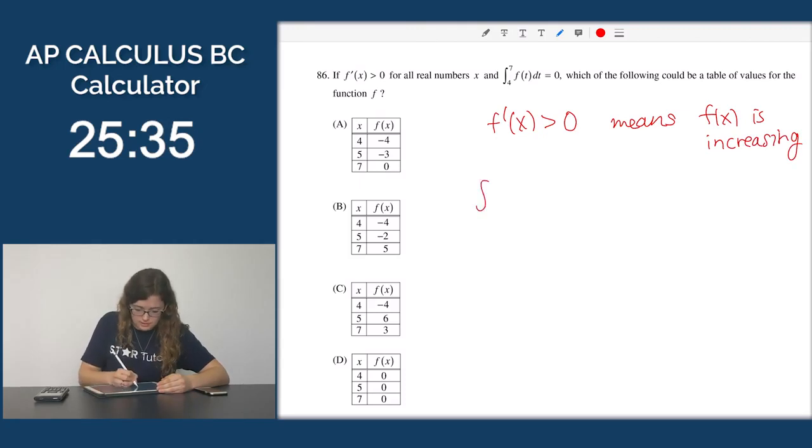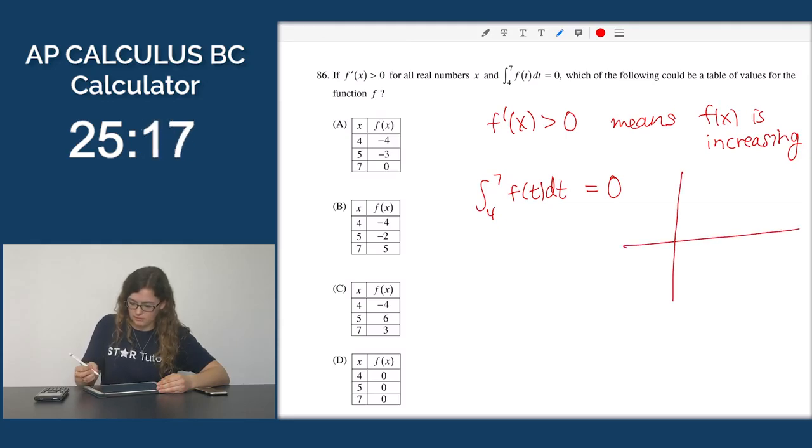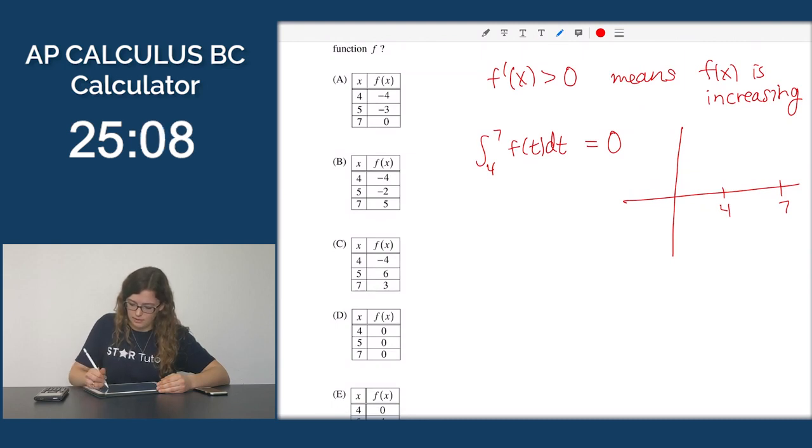Then they also tell us that this integral from 4 to 7 of the function is 0. So the function's increasing, but the area under the curve from 4 to 7 is 0. Well, let's just try and sketch some random picture of this function from 4 to 7. If it's increasing and its area under the curve is 0, then I must have some negative area and then some positive area that are canceling.